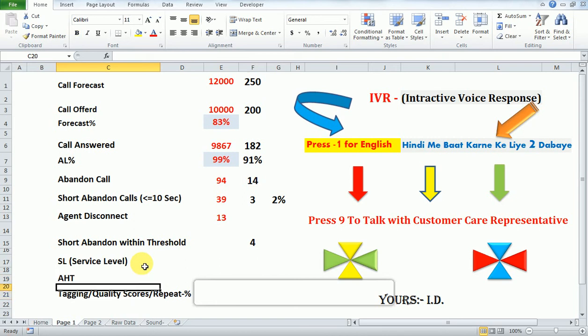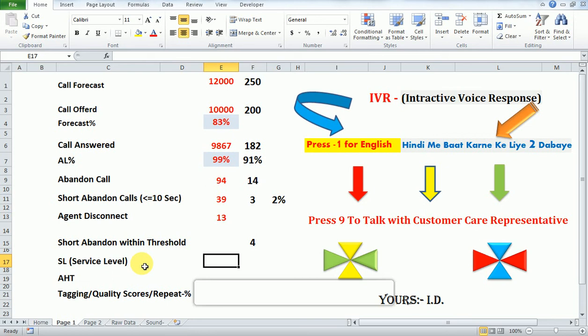Now the tagging percentage, how we calculate it. We calculate total tagging divided by total answered calls, and we make a deduction from the answered calls for short calls also. There are two things, unique tagging and tagging.